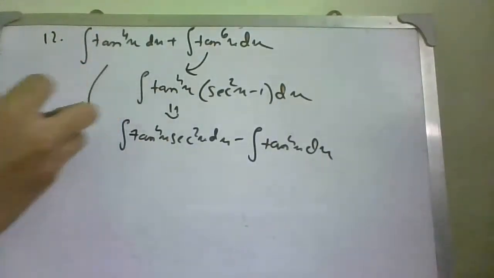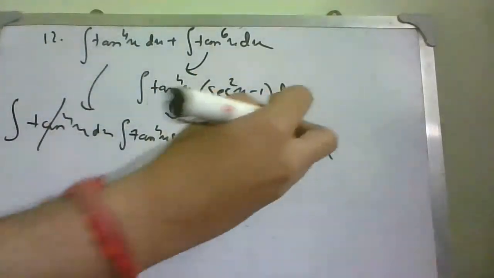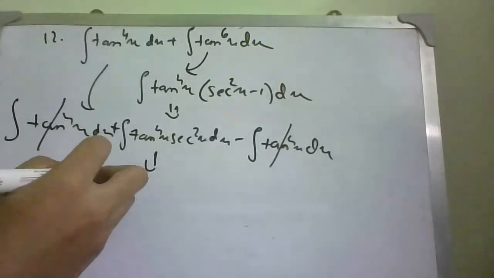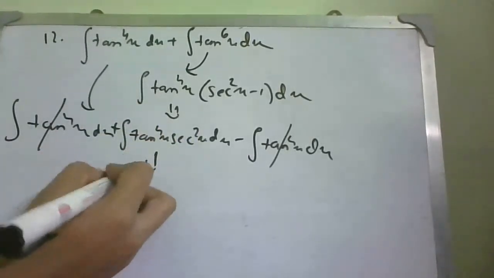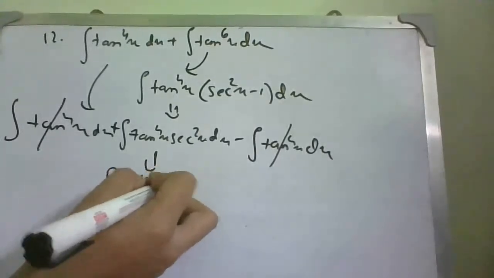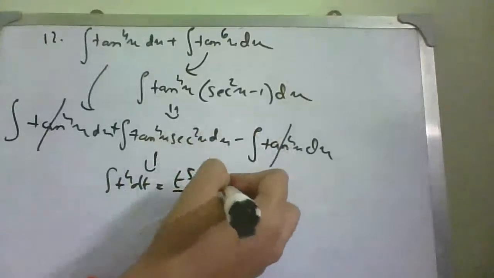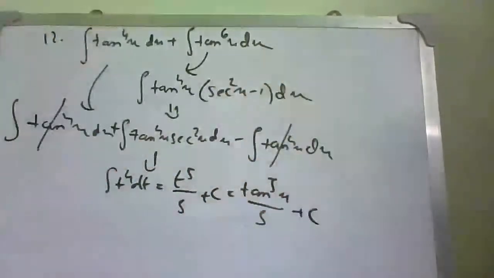If we just add this thing, you can see that this and this get cancelled, and this is the only thing remaining. That is basically t to the power of 4 dt, which is t to the power 5 by 5 plus c. And what is t? This is tan to the power 5x by 5 plus c.